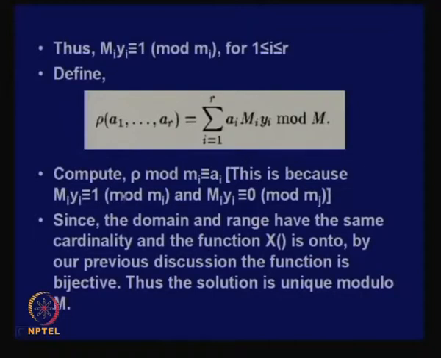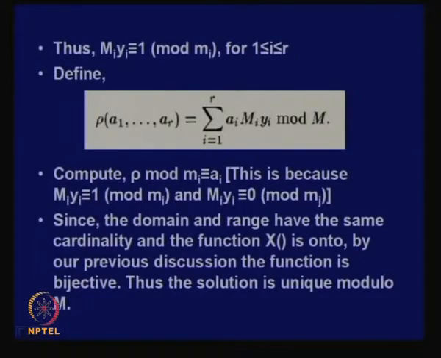So you compute this rho mod mi, and it will be equal to ai. Why? Because Mi yi is equal to 1 mod mi, and Mi yi is equal to 0 mod mj when j is not equal to i. So the right hand side will only result in ai. Similarly, you can see that all the system of equations will get satisfied.